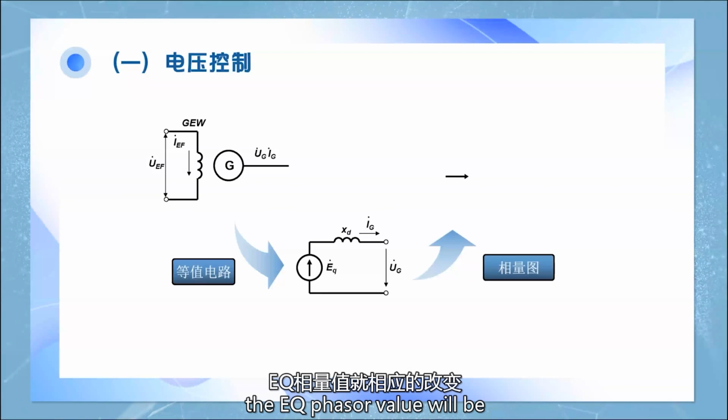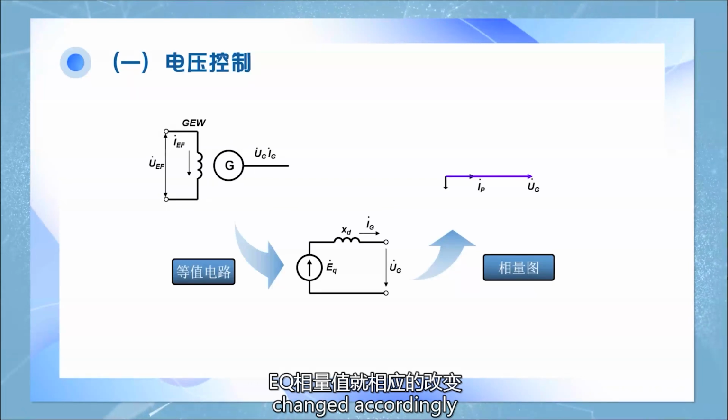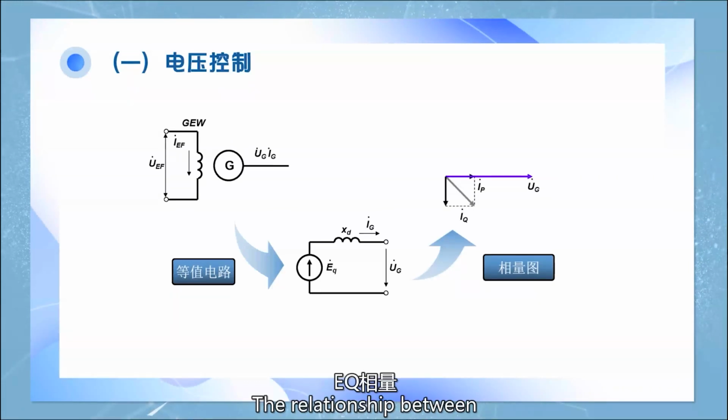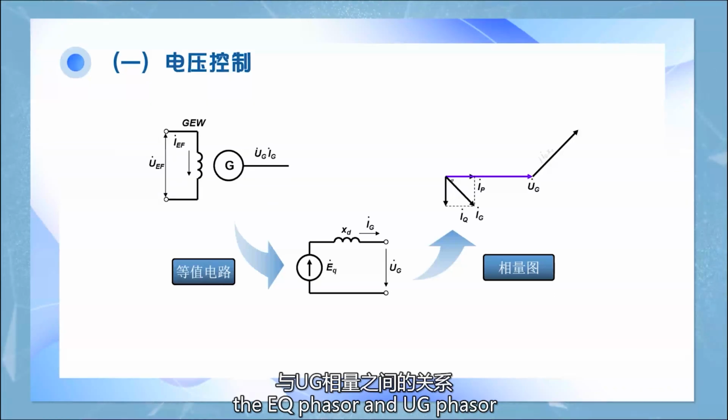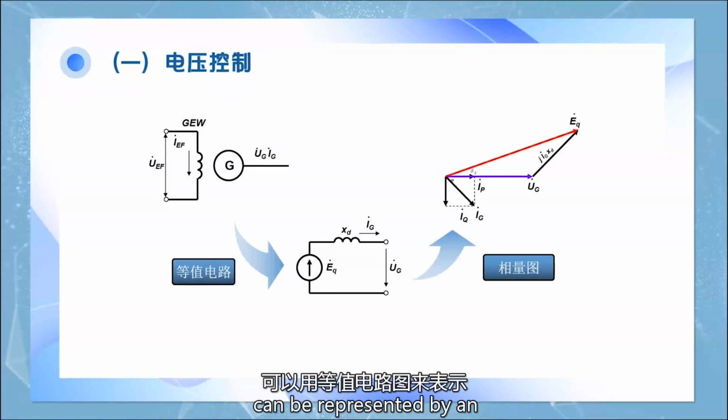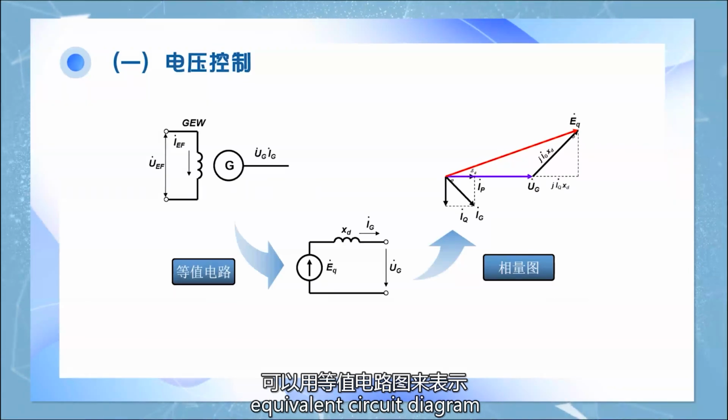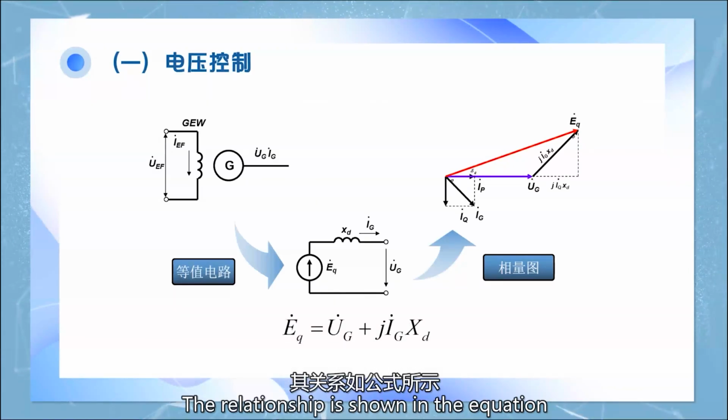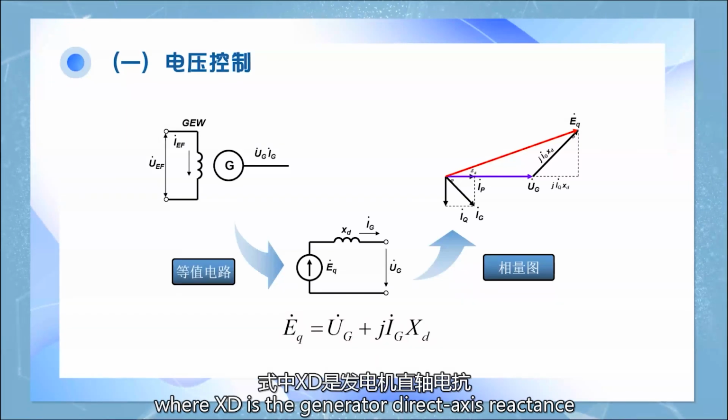changes the EQ phasor value accordingly. The relationship between the EQ phasor and the UG phasor can be represented by an equivalent circuit diagram. The relationship is shown in the equation, where XD is the generator direct axis reactance.